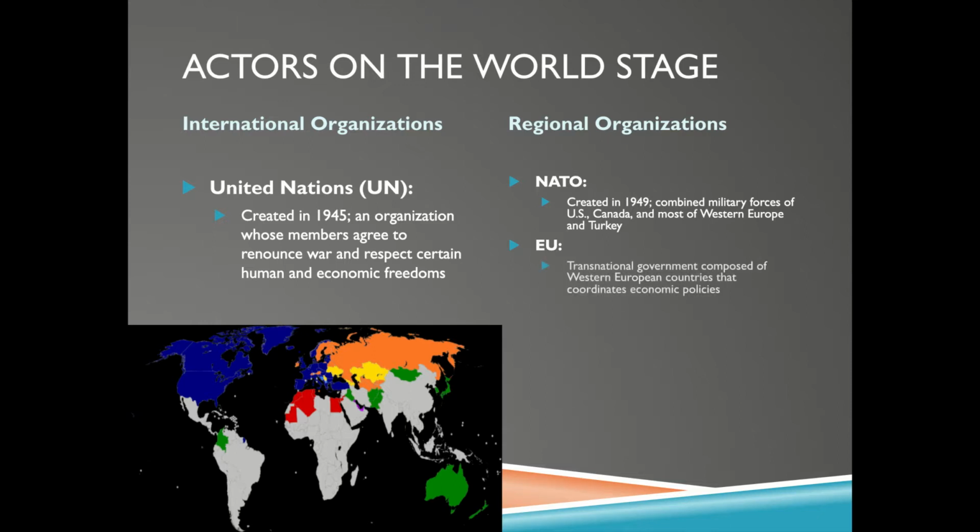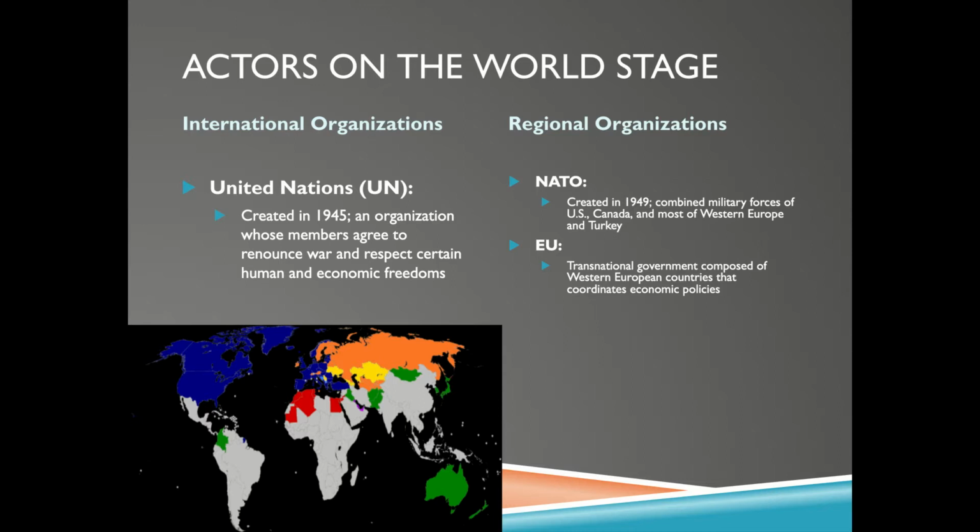Regional organizations. NATO, the North Atlantic Treaty Organization, was created in 1943. It combined the military forces of the U.S., Canada, and most of Western Europe and Turkey. This was originally created as a counter to communism. The Soviet Union created something called the Warsaw Pact, where all the communist countries were in one alliance, and all the democracies were in the secondary alliance, which was NATO.